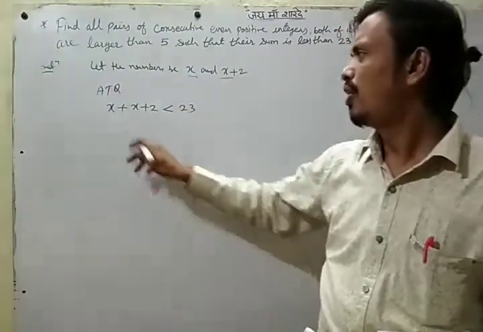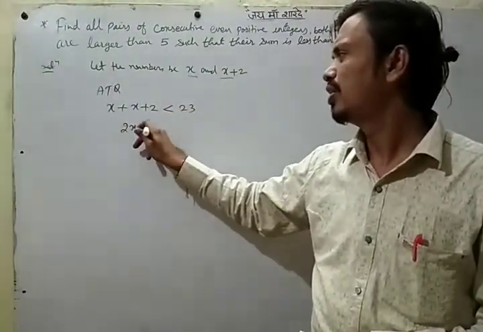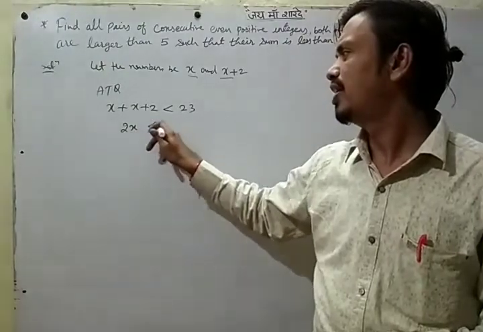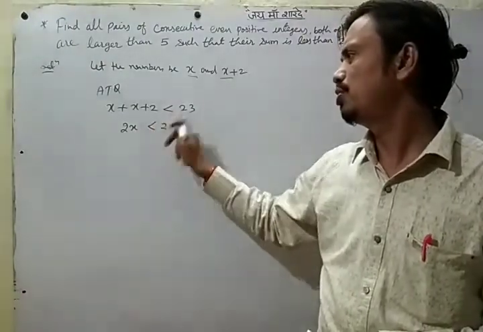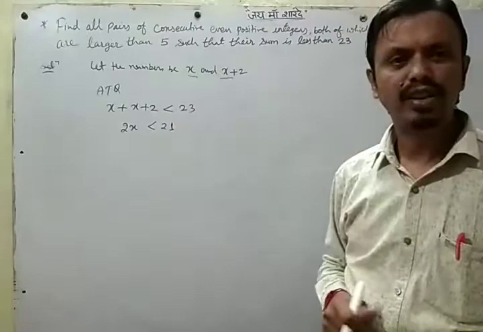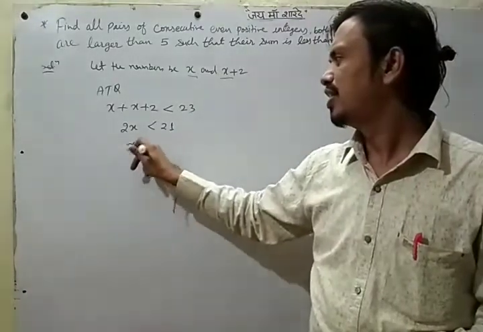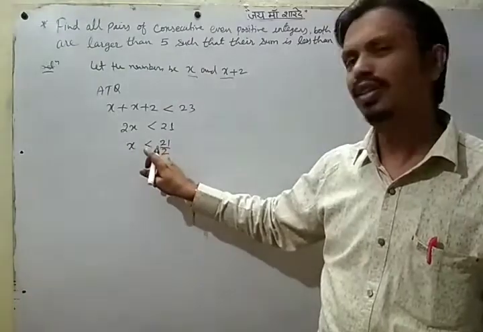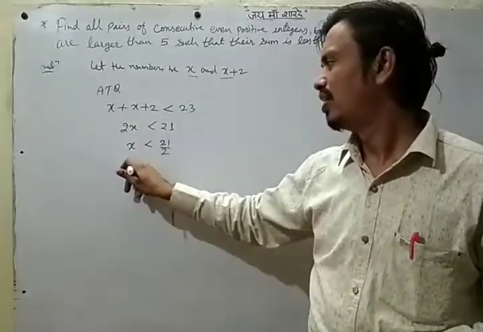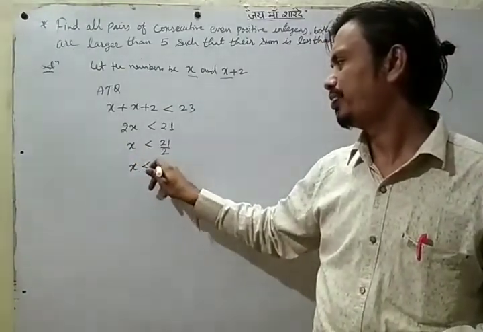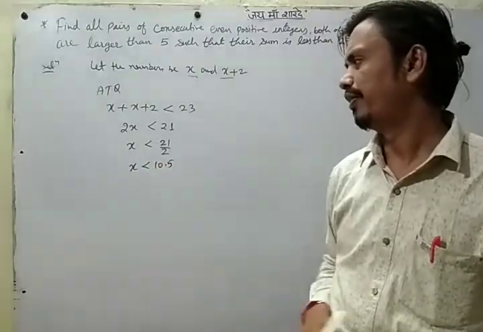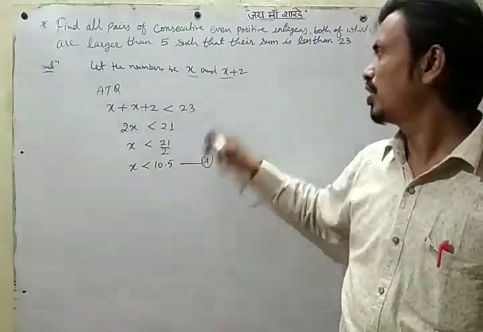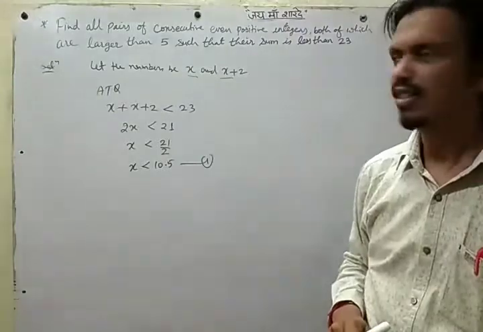Okay, this is given. So from this we get 2X less than 23 minus 2, 21. Then X is less than 21 by 2, and 2 is positive, so this sign remains as it is. So X is less than 10.5. From the question we get one condition like this.